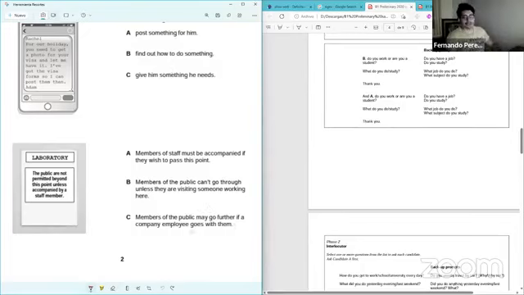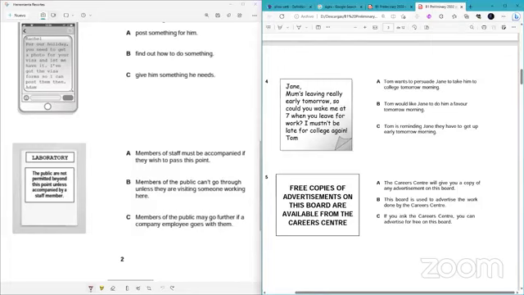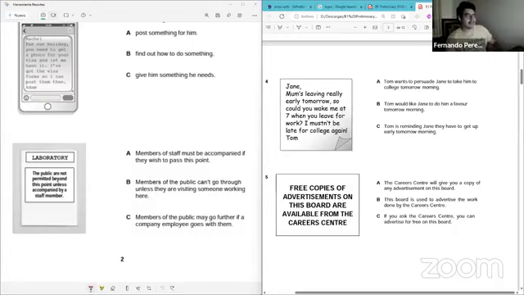Also, here in this exercise, we have a phrasal verb. Go further. In this exercise, we have the expression go further, which means vocabulary.